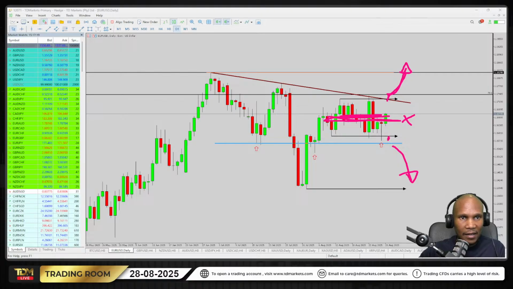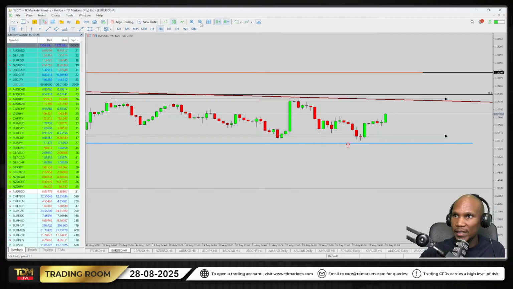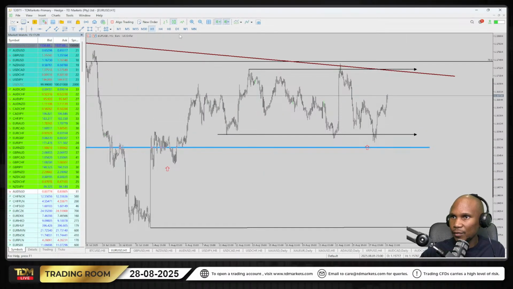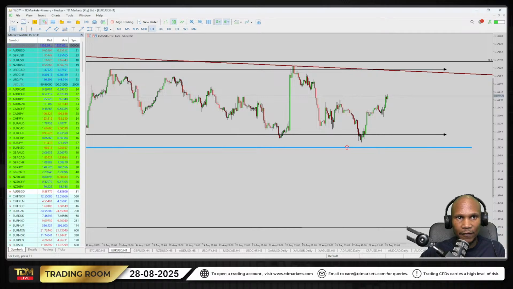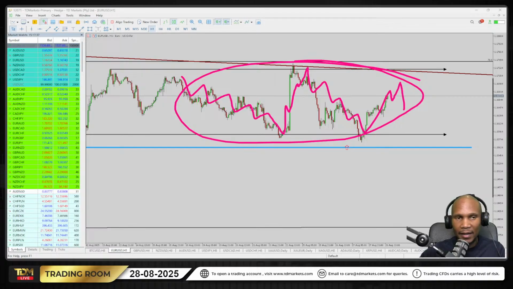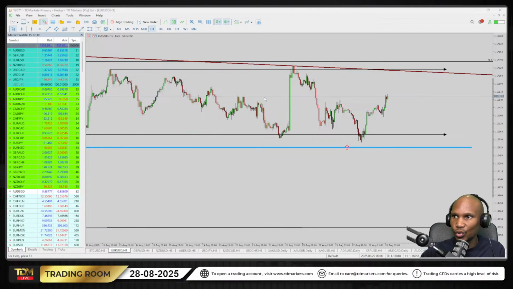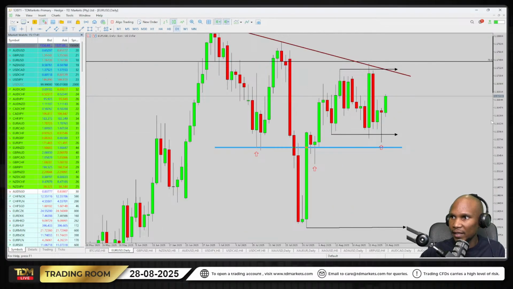So that's how Euro USD is looking at the moment. On the lower time frames, for sure, you are going to see trends pushing up and pushing down, pushing up and pushing down. I just choose to wait for the market to break out.